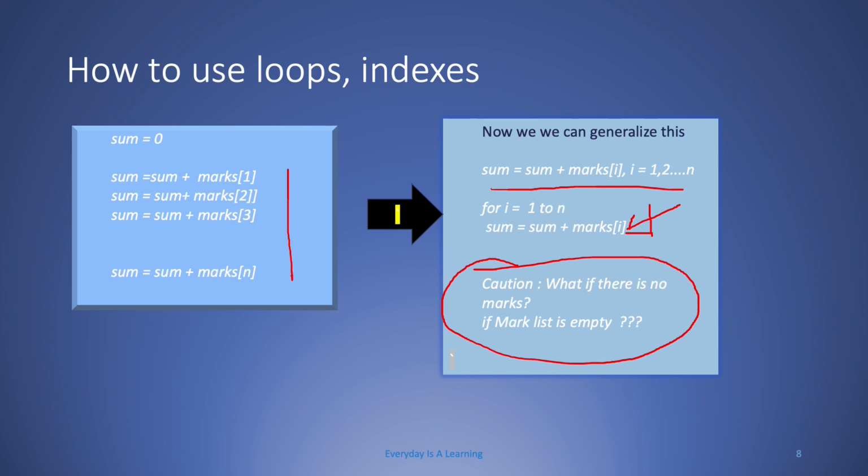This would throw an error depending on the language you are using. In some languages it can take some garbage value from memory, or in some languages it could throw an error. So you need to consider this. Before you do any of this, you have to first check whether the marks list is empty or not.